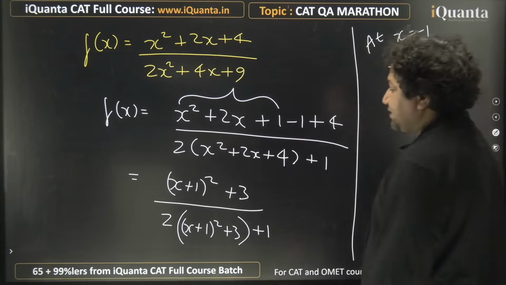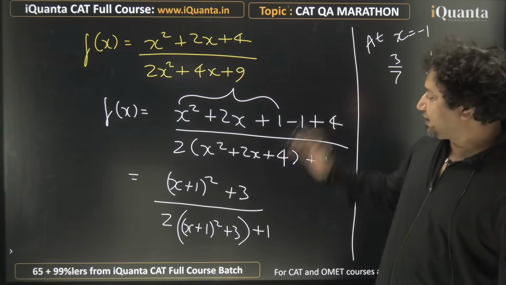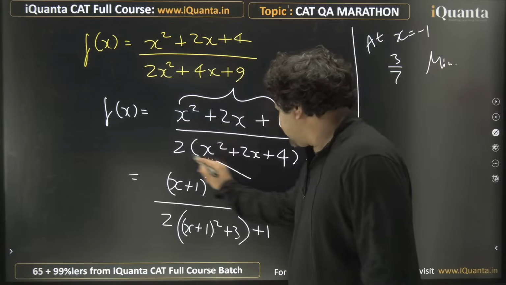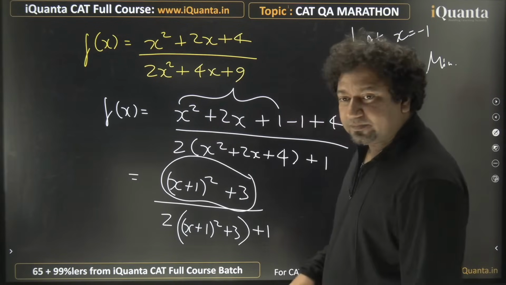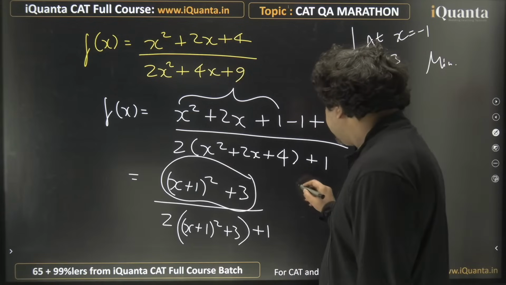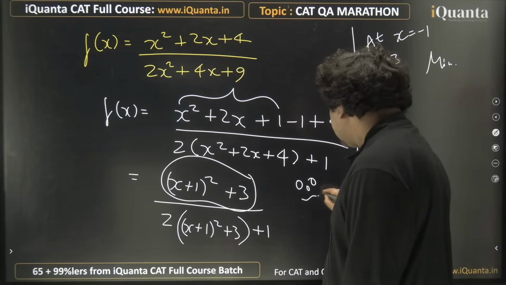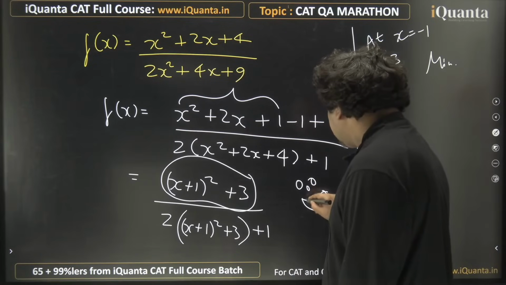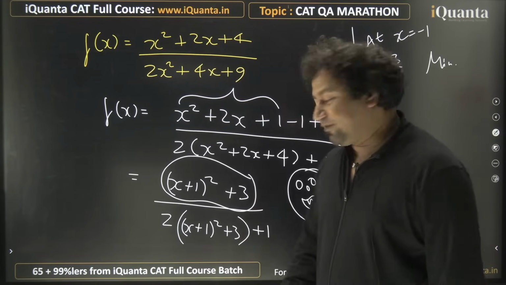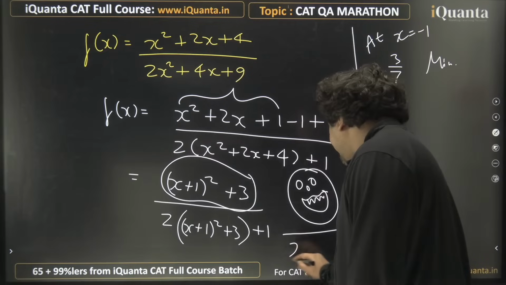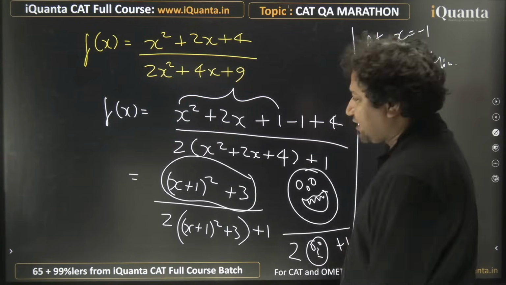And to maximize, if I keep on increasing x forever, let's say this transforms into a Rakshas. In the numerator, so the denominator will be 2 times that Rakshas plus 1, and this Rakshas is huge.